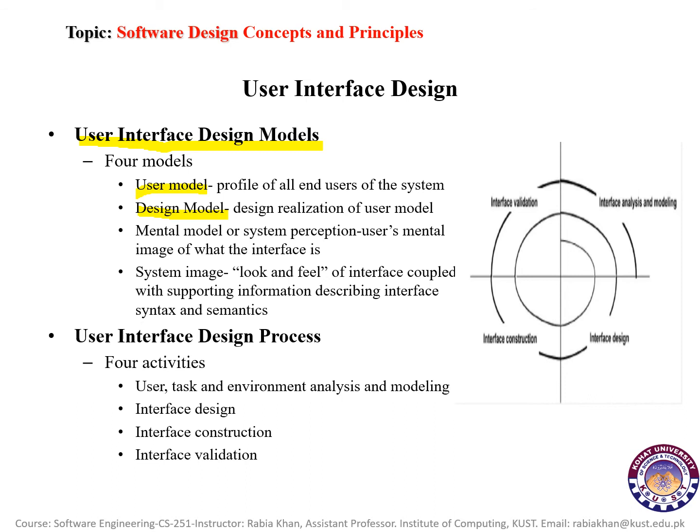So here in the design model, we now have to convert the user profiles into modes of interaction. For the novice user, you have to provide an easy mode of interaction so that they can understand the meaning and use of the different types of controls that you have provided.